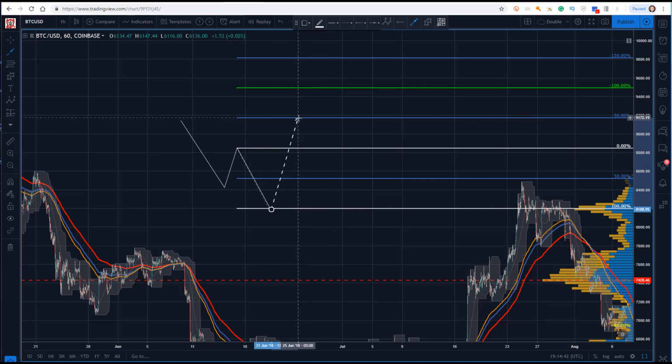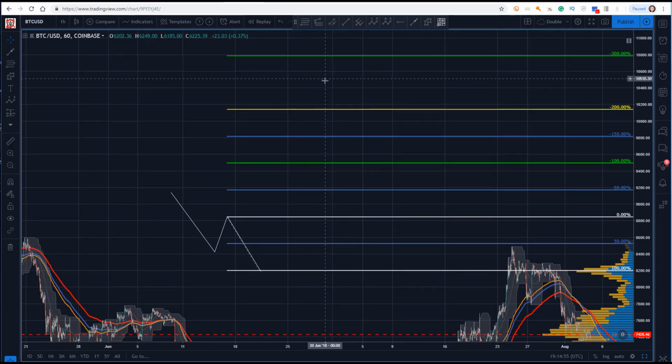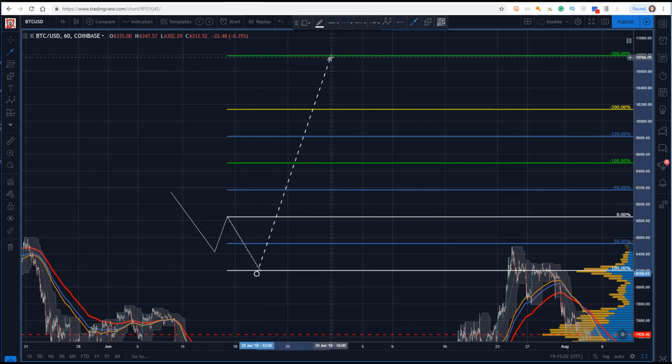But you'll also find there'll be reactions at the 50s. Here's the swing high, here's 50%, here's 100%, 150, and then we continue to 200. We could put the 250 and the 300 in there, but these would be absolute extremes before you saw a reaction.